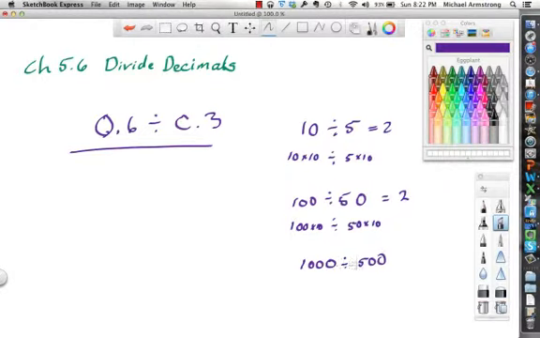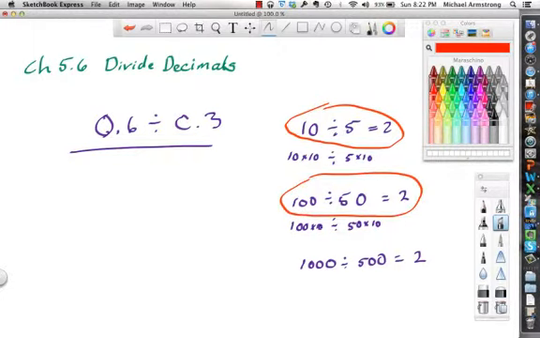And 1,000 divided by 500 equals 2. See, 2 times 500 is 1,000. 2 times 50 is 100. And 2 times 5 is 10. All right, so what we're noticing here is that I can increase or decrease, actually, and get the same answer as long as I use multiples of 10 and I do it to both.